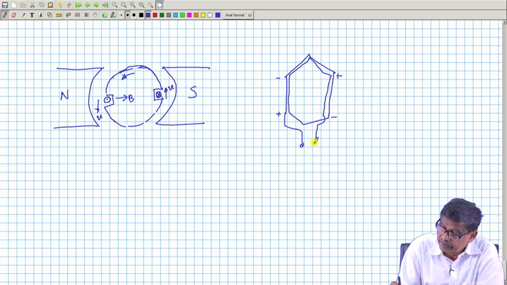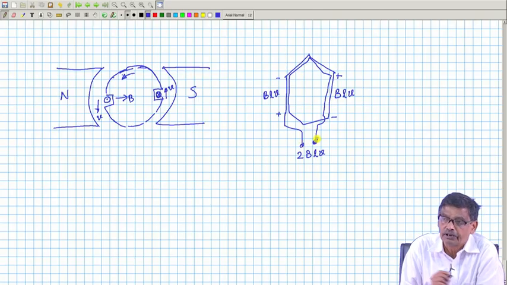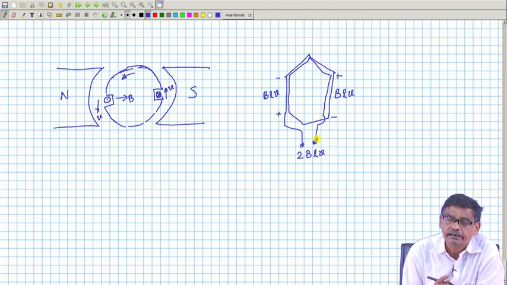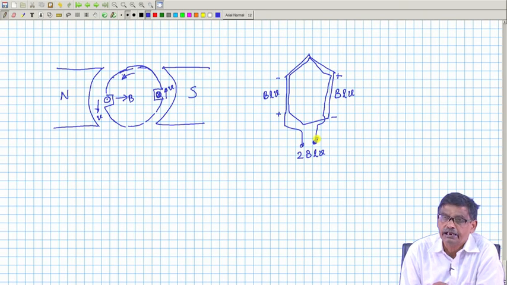Therefore, across this coil, this is the induced voltage in coil side 1 with this polarity, and this is the induced voltage in coil side 2 with this polarity. So, you will get 2BLV as the induced voltage across the coil. Clear? Therefore, you must place the coil sides of a coil intelligently, so that if you allow that coil to move relative to a magnetic field, the induced voltage in the coil becomes maximum.